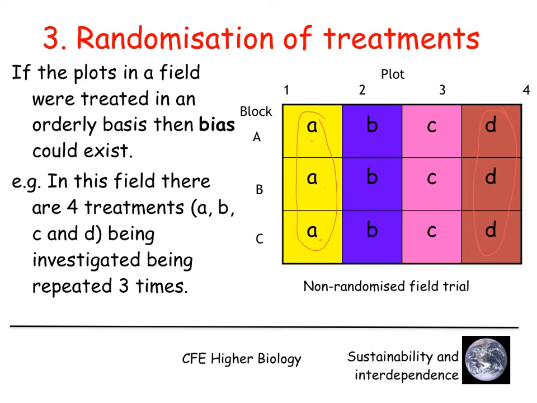It might be that in particular this row here has got particularly good water content in it, and yet this row here might be a little bit rockier and have a bit less water content or whatever. Or it may be that your field's on a slope, and therefore this area down here is a bit wetter than this area up here, or vice versa. So what you want to do is randomize where your plots are going to be.